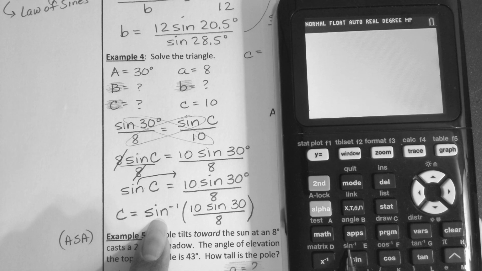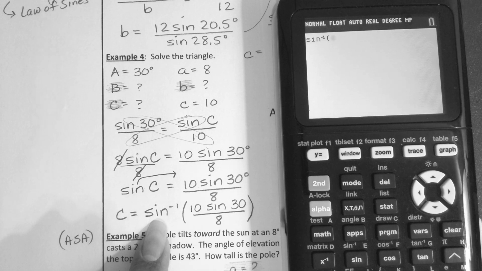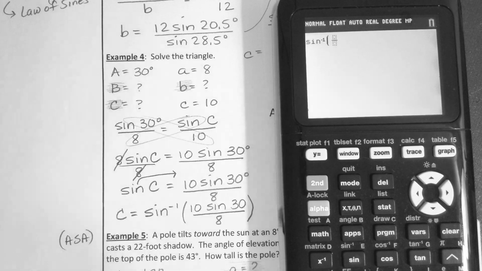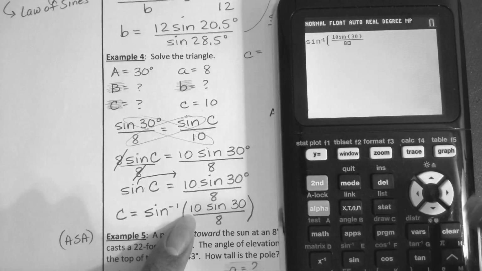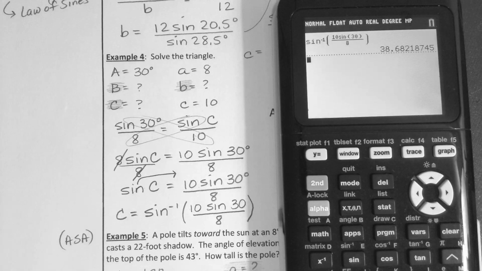So sine inverse, or arc sine, then let's do alpha y equals 10 times the sine of 30 divided by 8. Let's hit enter, and we get 38.68 degrees.